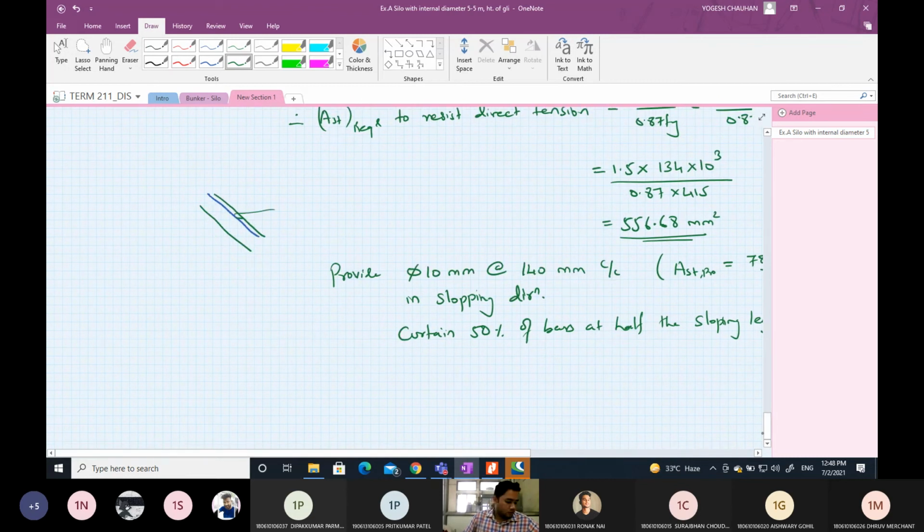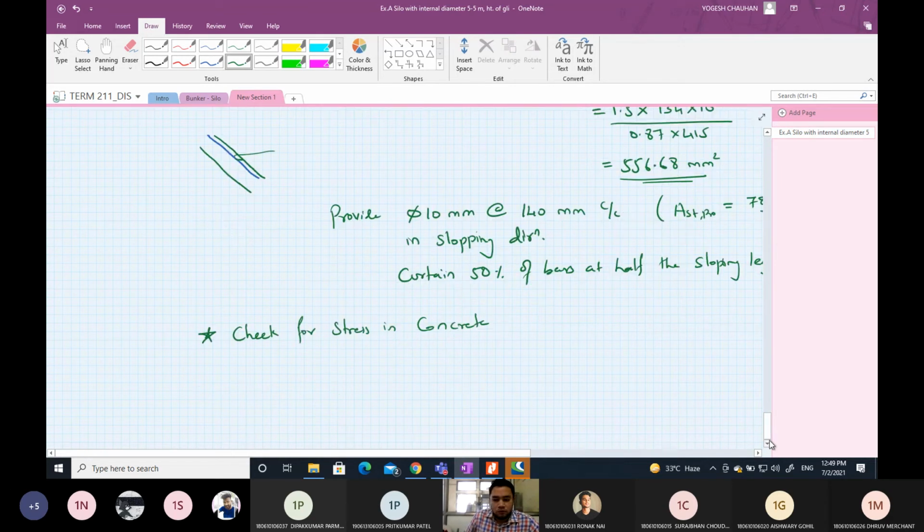Then we also have to check the stresses in concrete. To check the stress in concrete, we find the equivalent area of concrete.